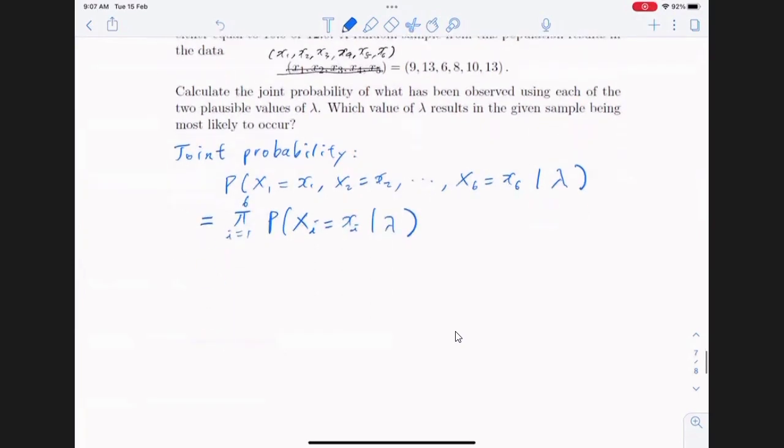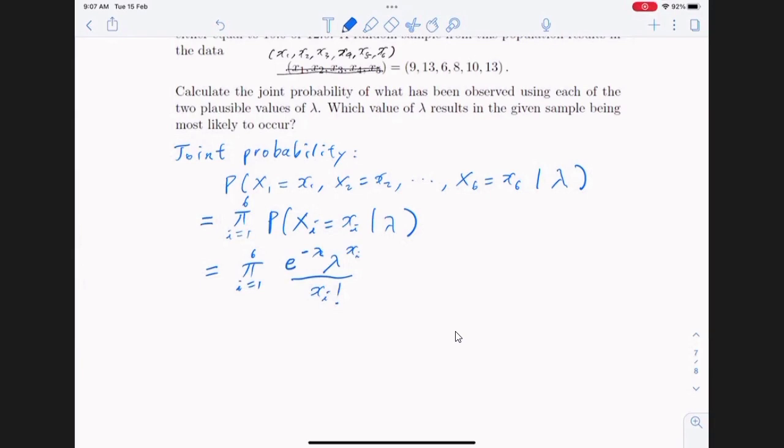If you still remember, this will be equal to e to the power minus lambda, lambda to the power of the observed value, divided by the factorial of the observed value. This is the formula of a Poisson probability. Whenever you have a Poisson distribution, the probability for a particular value will be given by this formula.